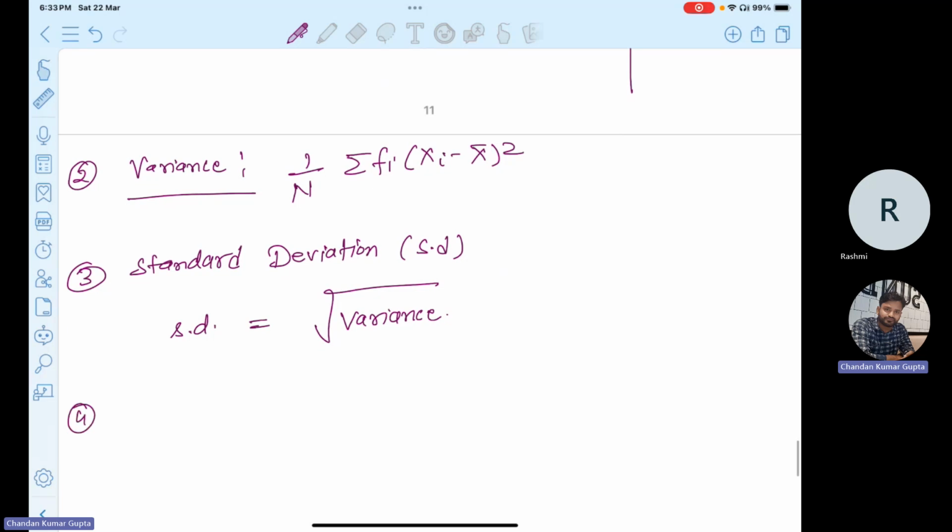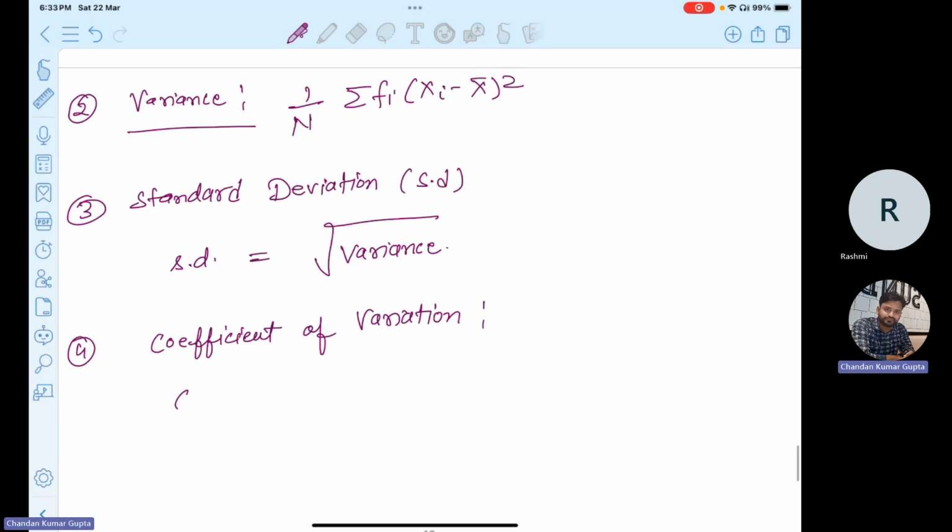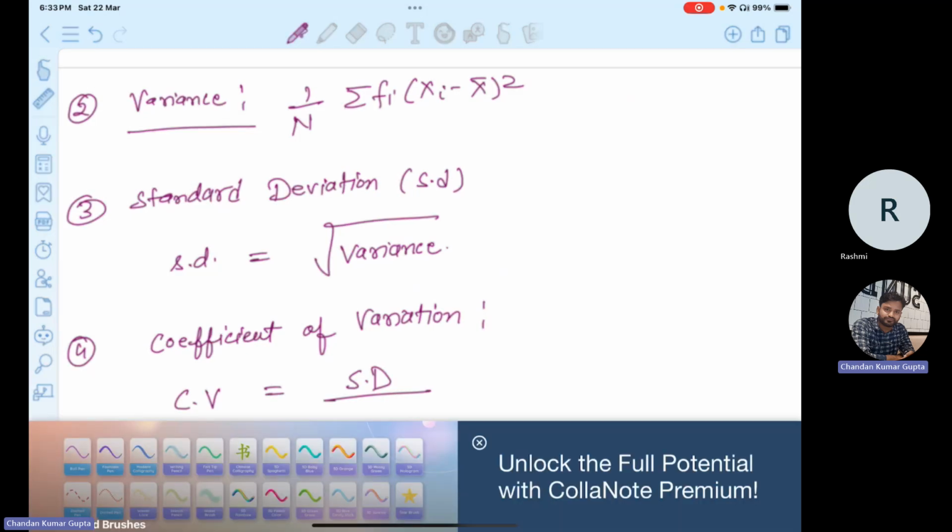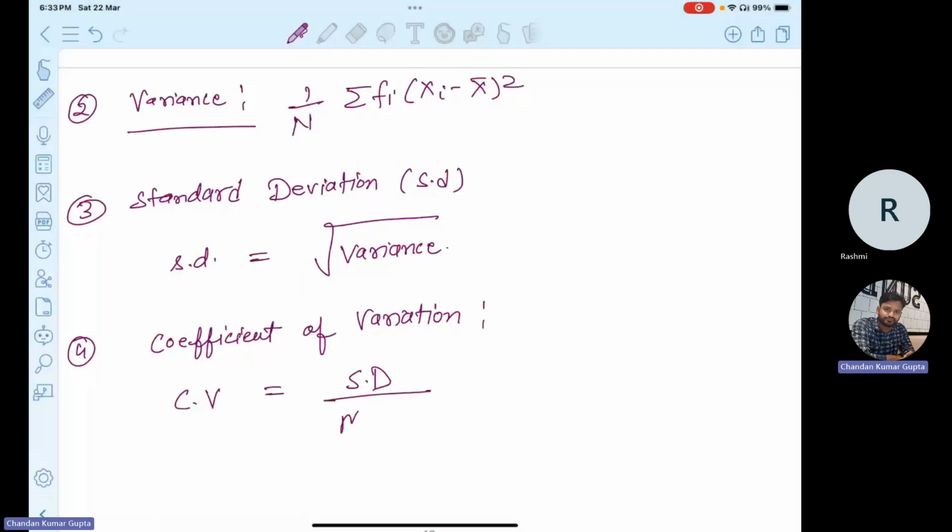We also use the coefficient of variation. It can be calculated as SD by mean into 100.